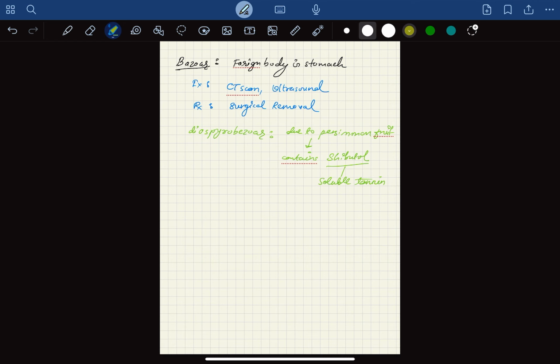After partial gastrectomy, bezoar is slightly more common.